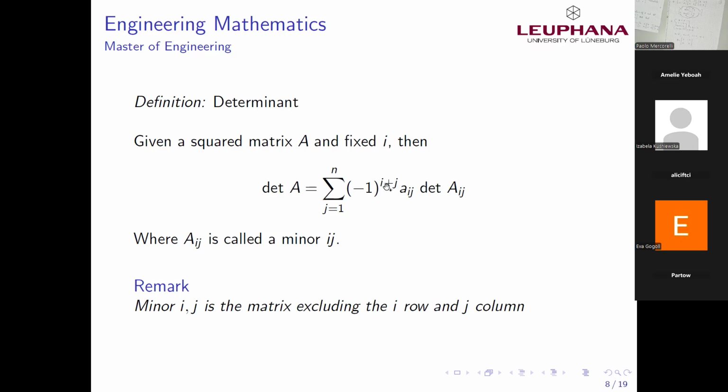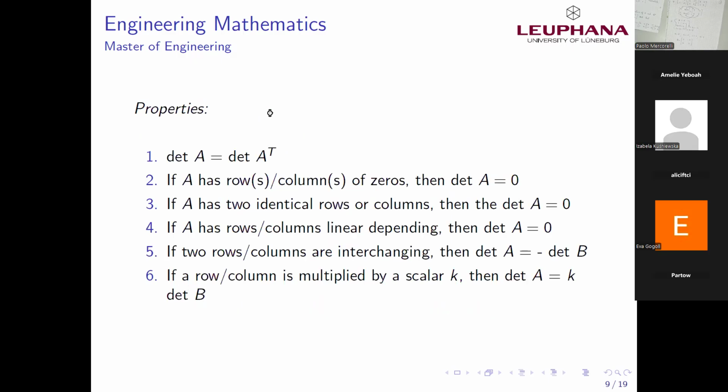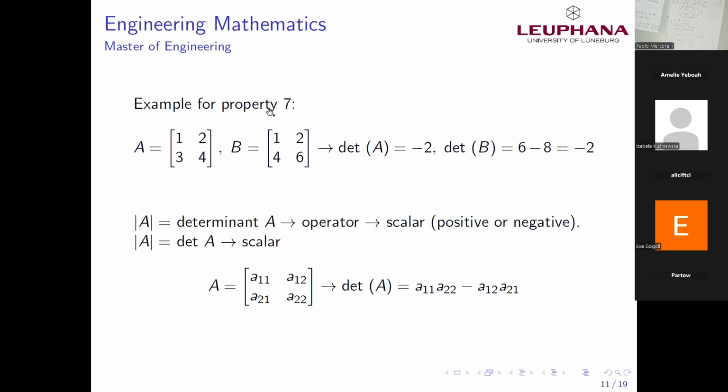This means minus 1 up to 1 plus 1, which is minus 1 up to 2, which means 1, which multiplies, please pay attention here, a11. What is a11? It's this element. Do you agree? Which multiplies the determinant of the minor, obtained by excluding row i and column j.